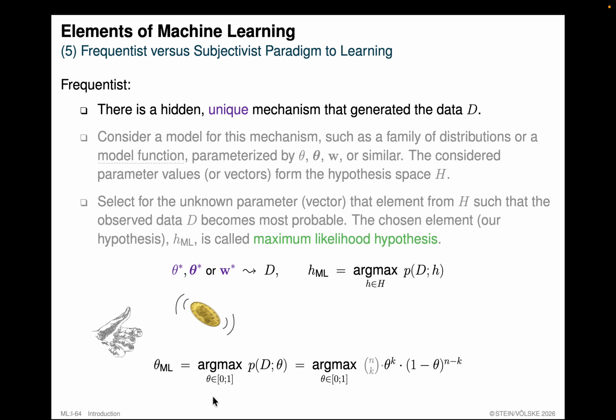So in order to find the maximum likelihood theta for the model of the binomial distribution here, we just look for any parameter theta within 0, 1 that maximizes this likelihood of seeing the data. And we could use, for example, the expectation maximization algorithm for that. So we are just testing different thetas and choosing the one which is best. Basically searching for a theta in the hypothesis space of the range between 0 and 1.